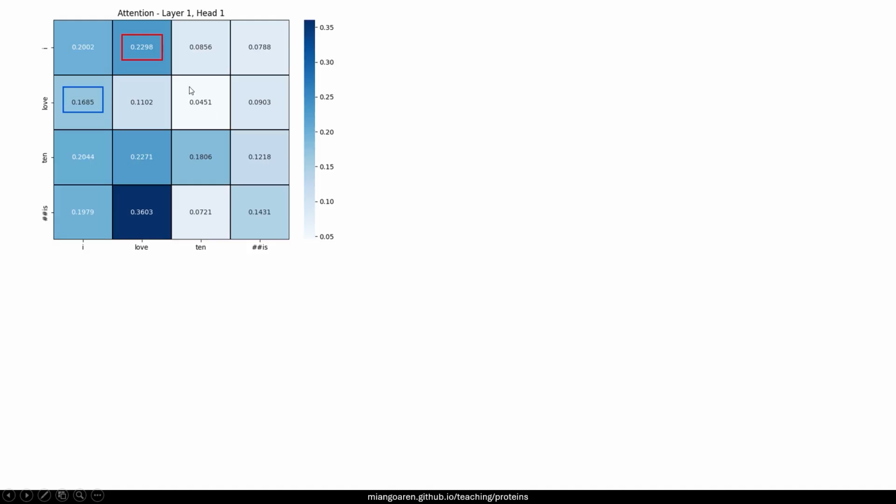As I mentioned, these self-attention maps tell us what the relevance is between pairs of words. So here, for example, we can explore what attention is paid by word pairs in layer number 1, in attention head number 1. And we're going to use the example that we have been using, which is I love tennis.